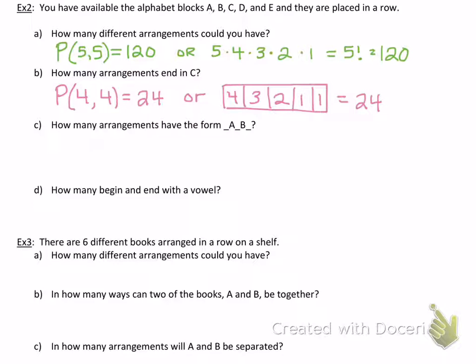Okay, so how many arrangements have the form blank A, blank B, blank? So I'm going to start with the fundamental counting theorem here. 1, 2, 3, 4. Okay, so we know that A has to be second and B has to be fourth. So that's only 1 block that chooses it.